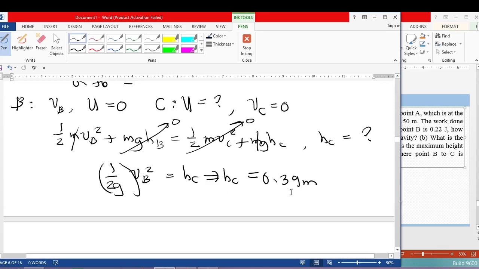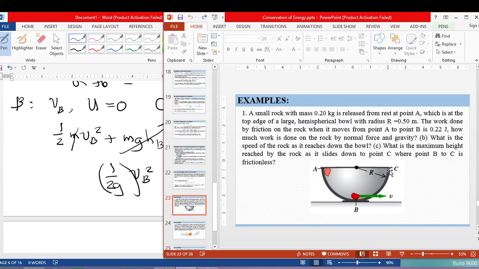So you might ask why this is not the point C answer, whose height is 0.5. Because energy was lost from point A to point B due to friction.